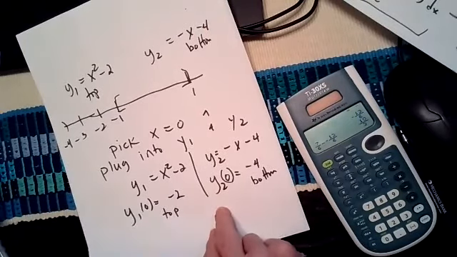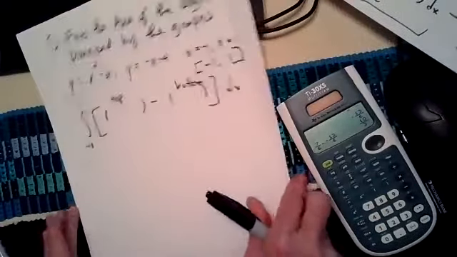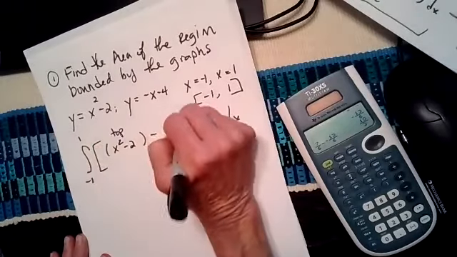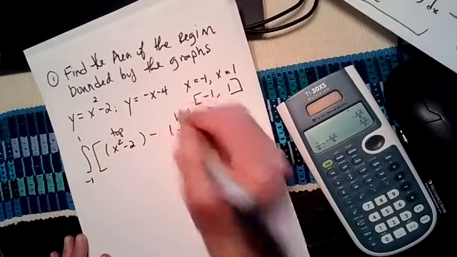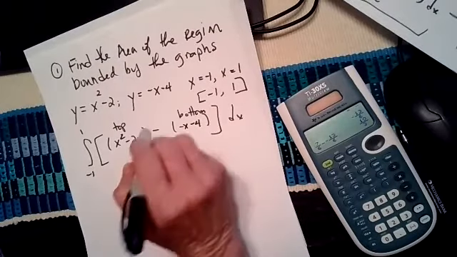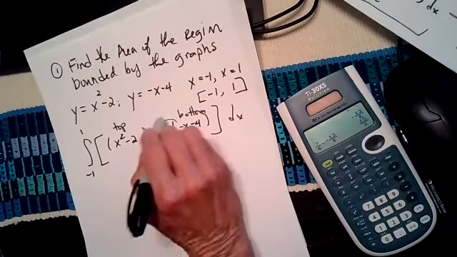All right, so x squared minus 2 is on top, and negative x minus 4 is on bottom. So remember to do your parentheses, and we're going to distribute the negative.